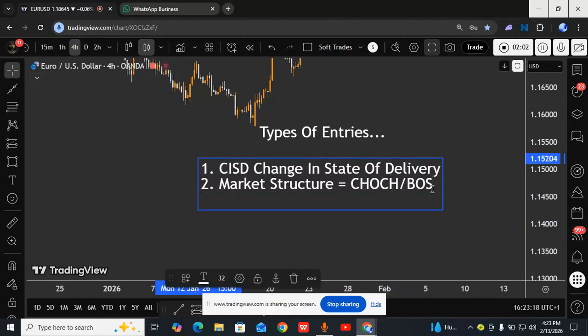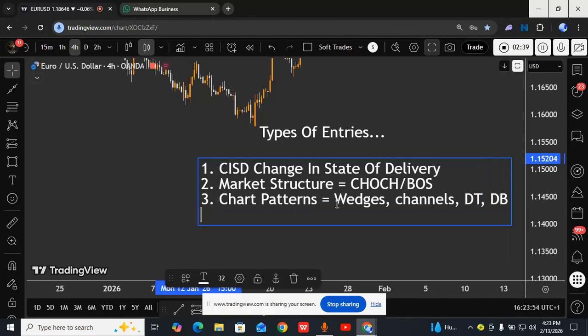Then the third one can be chart patterns. Chart patterns can be wedges, it can be channels, it can be double top or double bottom.